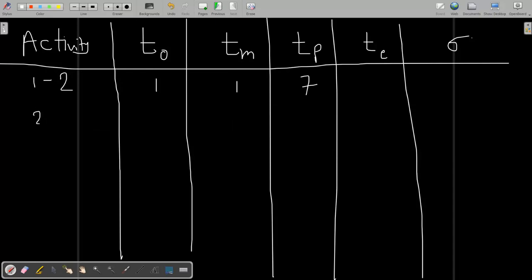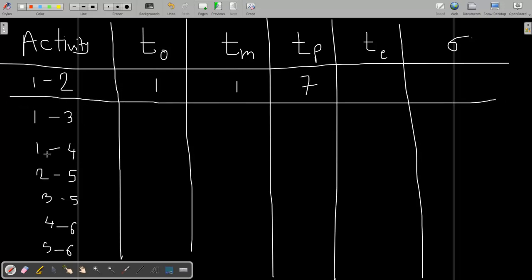Then 1 to 3, 1 to 4, 2 to 5, 3 to 5, 4 to 6, and 5 to 6. These are the activities.